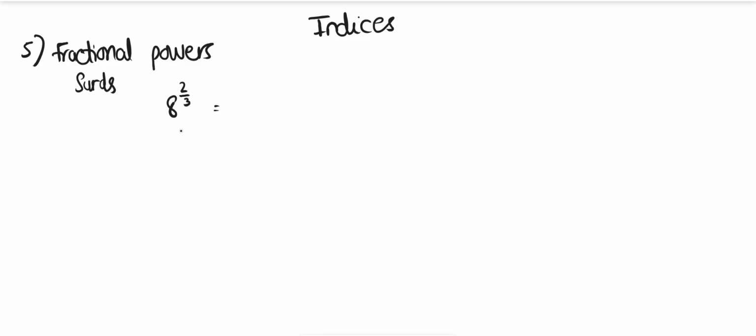It can be done in two ways. Let's have a look at the easy way first. The easy way is that I can make a bracket, and in that bracket I can have 1 upon 3 here, and I can square it. So I squared the entire value of 8 raised to the power 1 by 3.